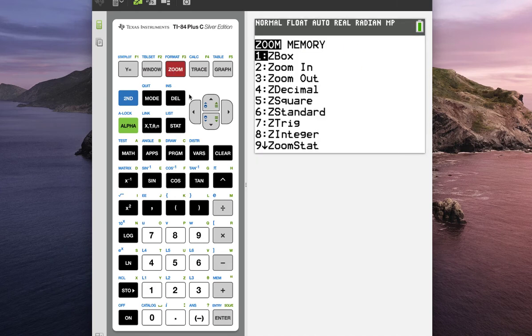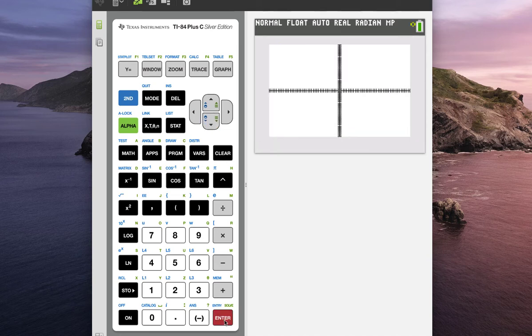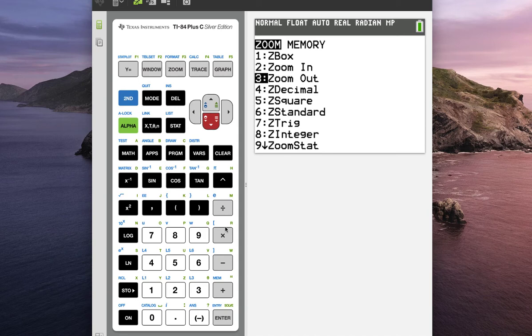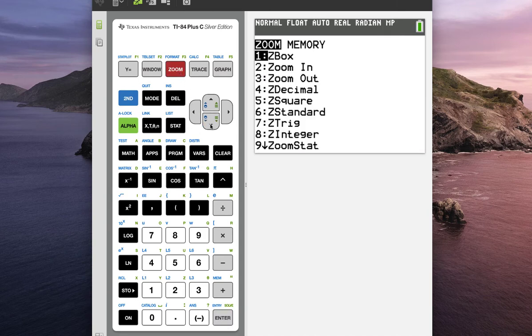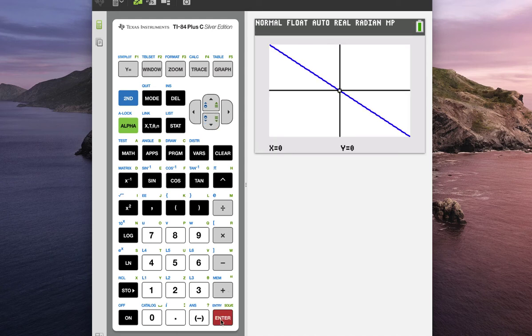But first, let's zoom out a little bit. So if I zoom out, it looks like that. If I zoom out again, it looks like that. Let me zoom out one more time. Look at that. On that third zoom out, I can't even tell that anything different is going on here besides the fact that I just have this negatively sloped line.